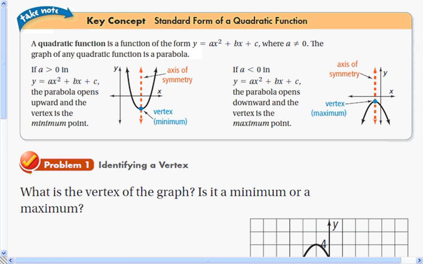If it opens downward, then the vertex is at a maximum point. And that parabolas are symmetric, and that there's actually an axis of symmetry. And since that's a vertical line, it's some equation like x equals some point, wherever the vertex is.